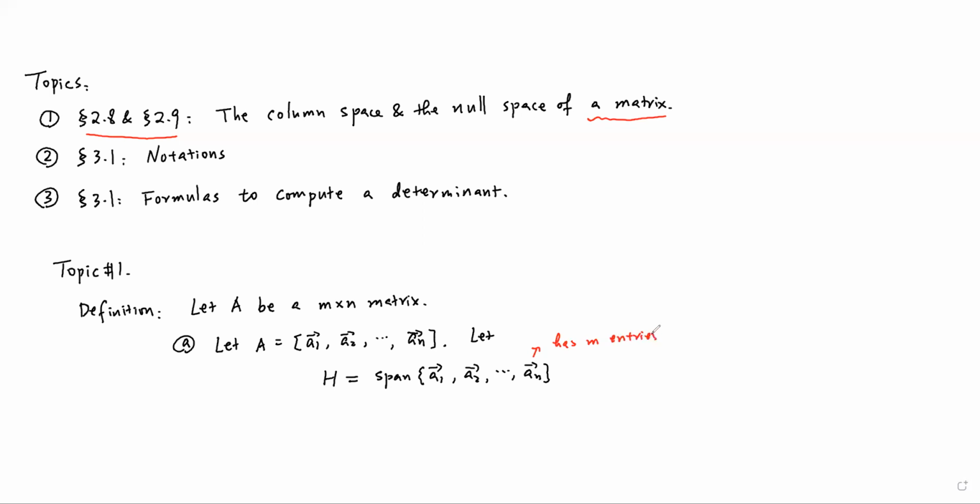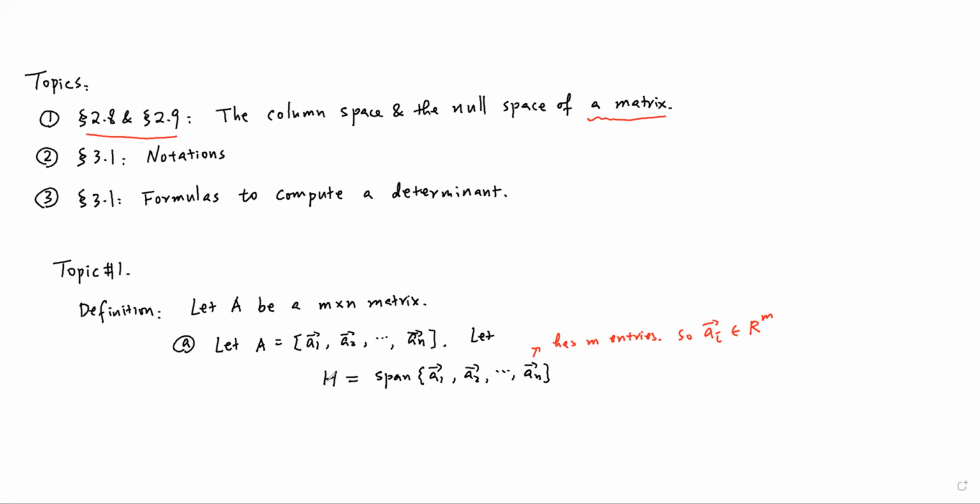So each column A_i is a vector of m entries. So each column is in R^m. Span is linear combinations. So a linear combination of vectors in R^m is still in R^m. Therefore, H actually is a set in R^m.